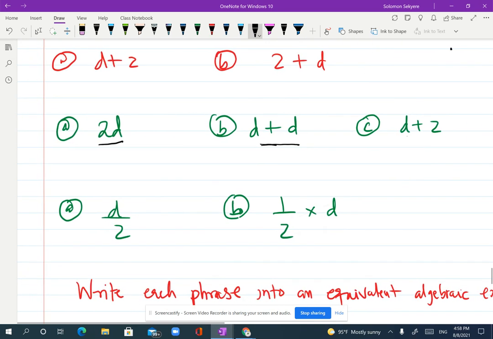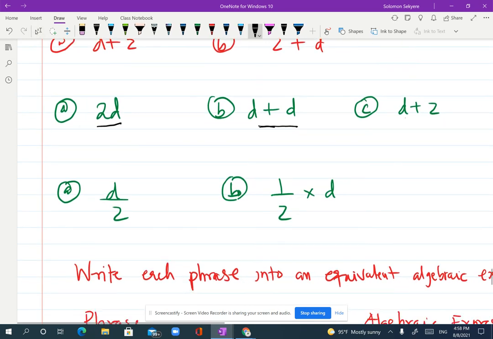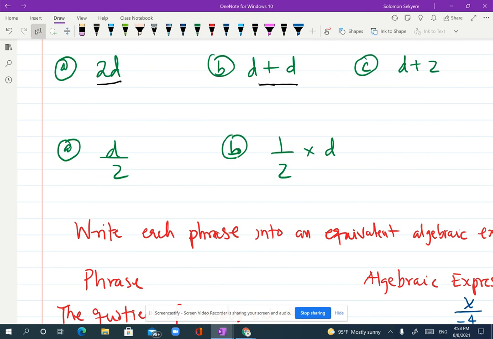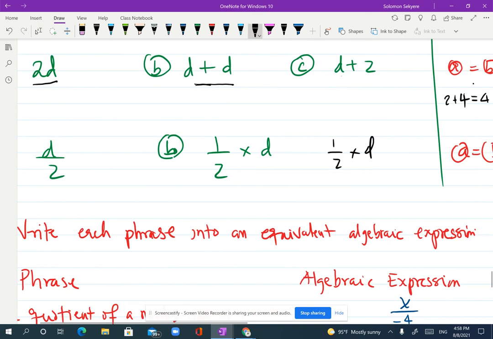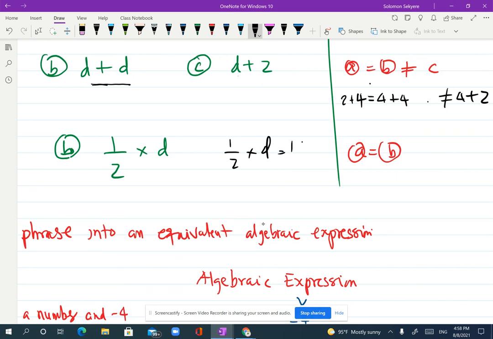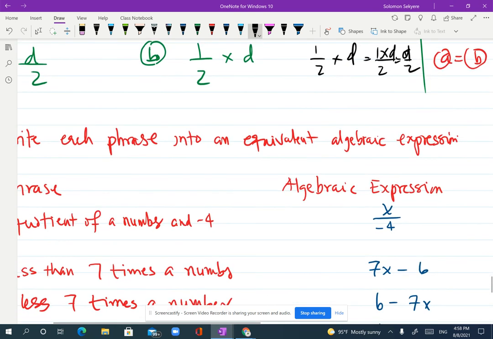Cool. All right. What about d over 2 and 1 half d? So you see 1 half times d is equal to 1 times d over 2, which is d over 2. So they are the same.